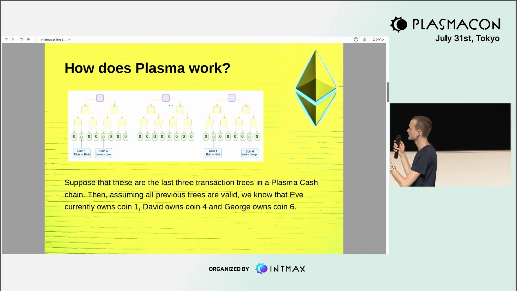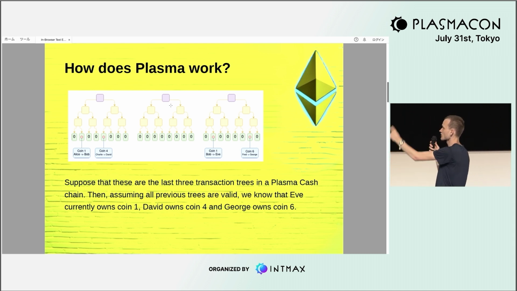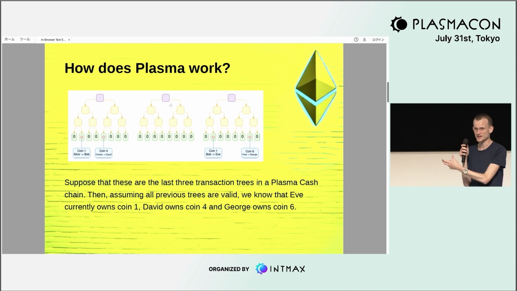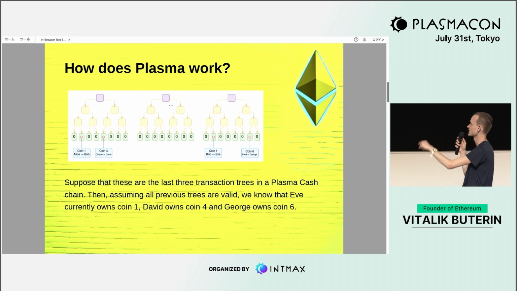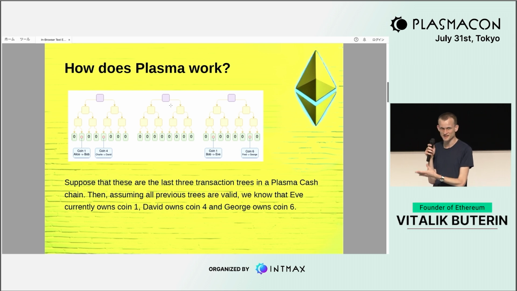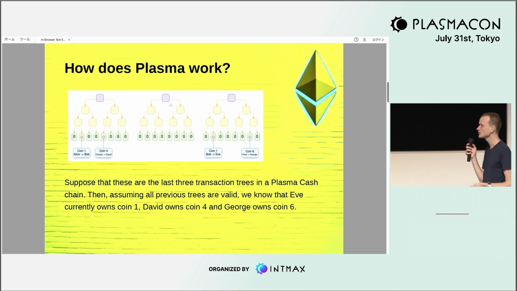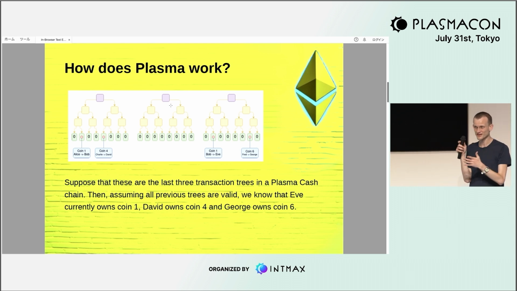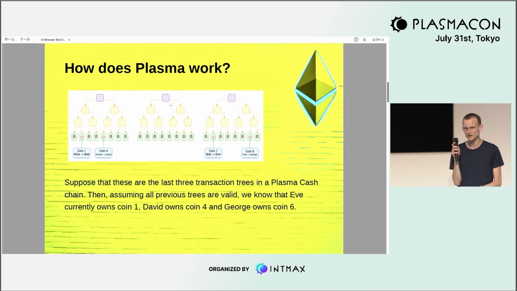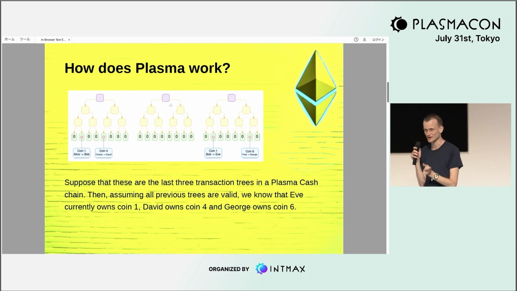Then we know that David owns coin number 4 because there's only one transaction in position 4, and that transaction is going to David. And George owns coin 6 because there's only one transaction that's moving coin number 6, and it's giving it to George. So this is like a very simple model, but this by itself basically already is a Plasma system.